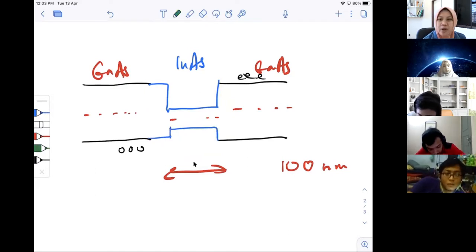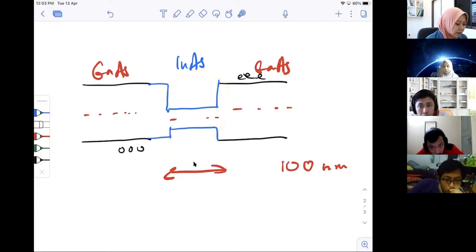When you have quantum well, when it's very small, the way Pauli exclusion principle also says, if it's too small, inside this quantum well, the energy level will be separated. Therefore, dia akan jadi discrete energy level.